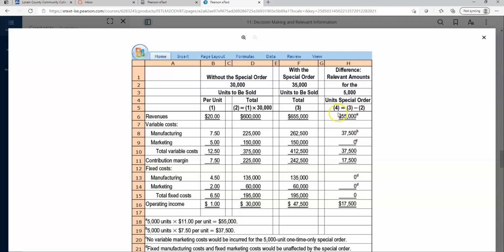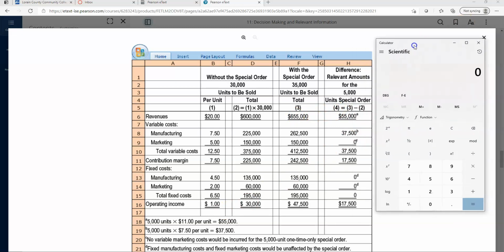Well, then I'm going to get additional revenues of $11 per towel times 5,000 towels.